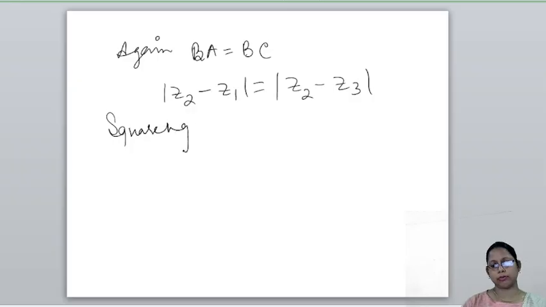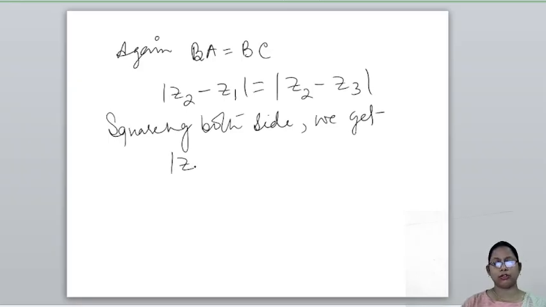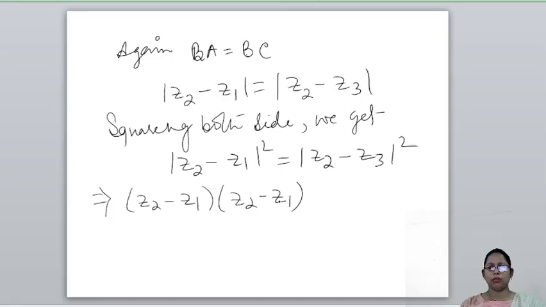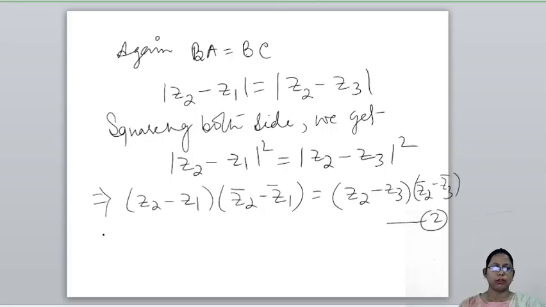Squaring both sides and using the properties of modulus, we get Z2 minus Z1 times its conjugate equals Z2 minus Z3 times Z2 conjugate minus Z3 conjugate. Call this equation 2.